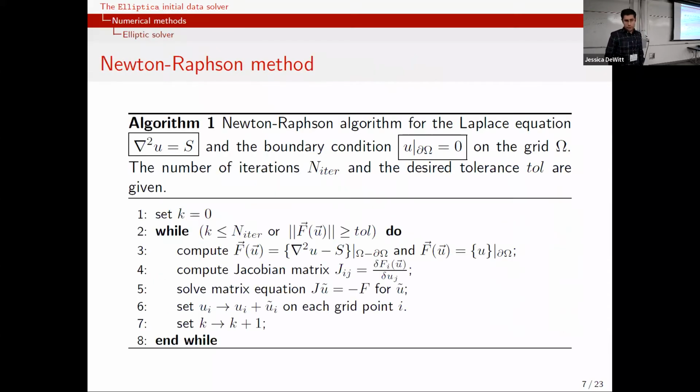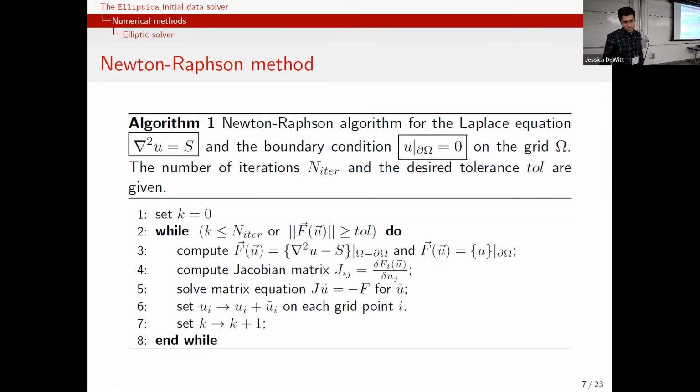Okay, let's get into a little bit more detail about the numerical method that we use. Let's say you want to solve a simple Laplace equation in one dimension. You have a Laplace operator here, and you have, let's say, a source together with a boundary condition on a grid omega. And we know that the Laplace equation with a given boundary condition has a unique solution.